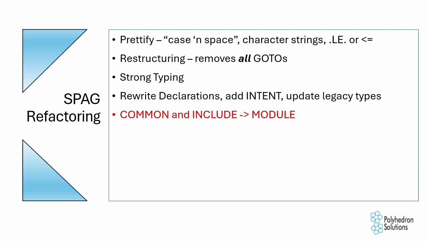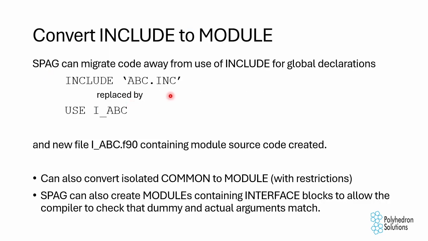SPAG can also replace the old common and include statements in Fortran with modules. So if you have an include file, shall we say abc.inc, which includes declarations, then SPAG will replace it with a use statement to bring in a new module called iabc.f90, which it creates.